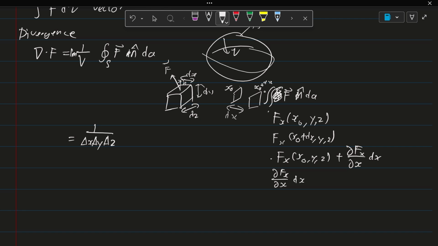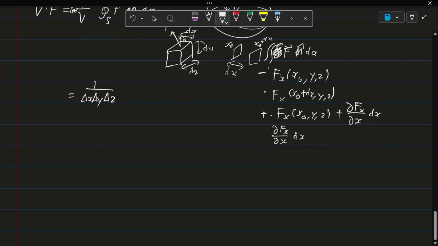And why do we subtract it? It is because of the two different directions. This side has positive, this side has negative, based on the coordinate system that you use. This is only for the x direction, but it would also work for any other direction. There should be a dy dz as well, because there should be areas.